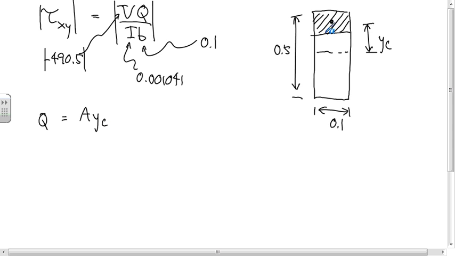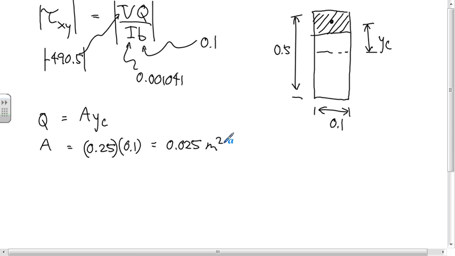What's the area of the shaded region? It's a rectangular shape, so that's going to be 0.25 times 0.1, so 0.025 meters squared.